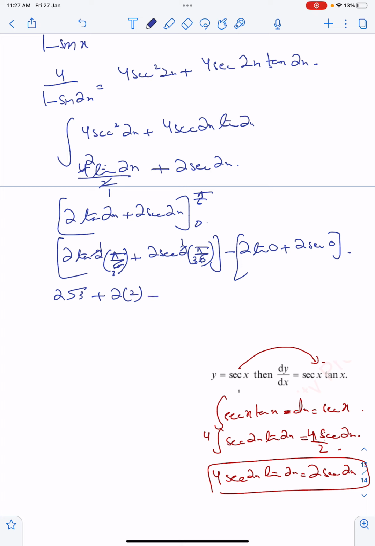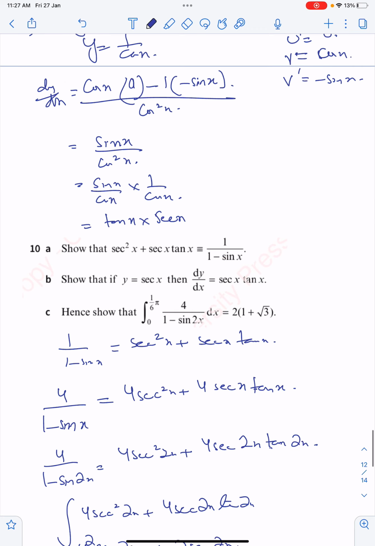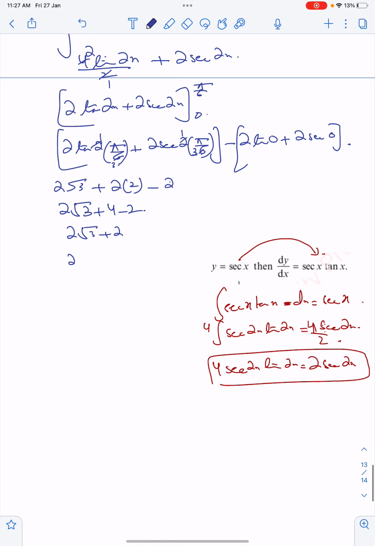Minus tan of 0 is 0 and cos of 0 is 1, so sec of 0 is also going to be 1. So minus 2. 2 root 3 plus 4 minus 2, 2 root 3 plus 2. If you take out 2 as common, you'll be left with root 3 plus 1, which they have given to you.